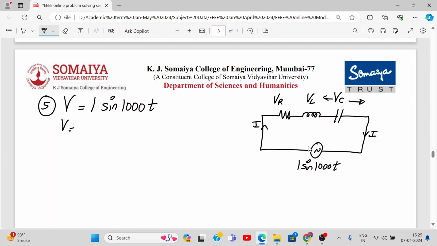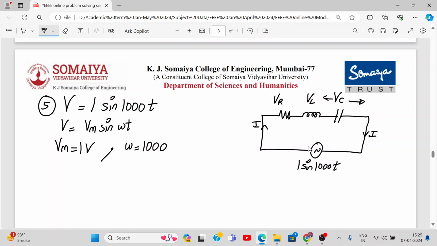What is the standard form? Vm sine omega t, plus or minus phi. Phi is not there, so phi is 0. So what is Vm over here? 1 volt. What is omega? How much is omega? 1000 now.